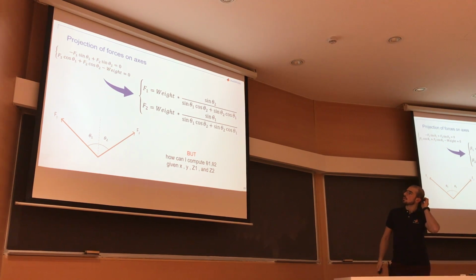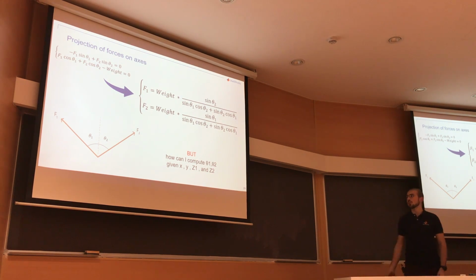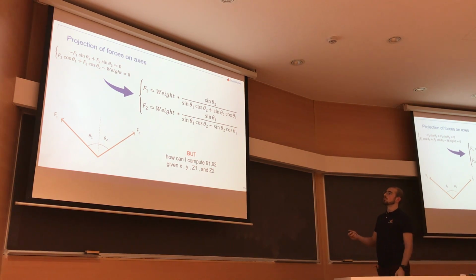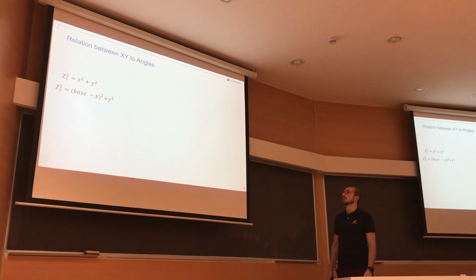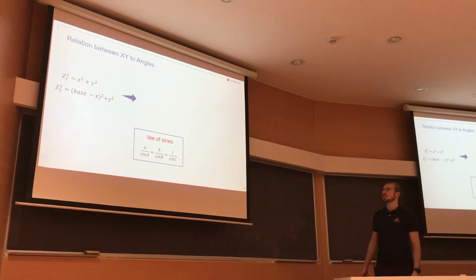But the problem now is that these two forces are functions of angles. But as I showed you before, we don't have angles, we have x and y coordinates. So how can we compute these two angles? Again, we keep in mind our base of analysis, and we use the law of sines.